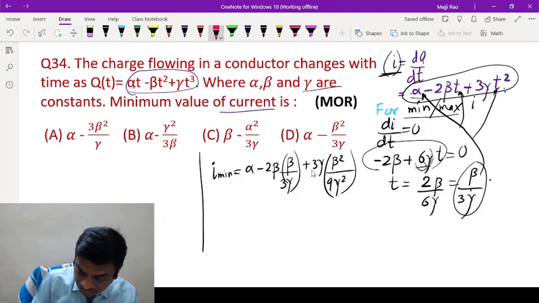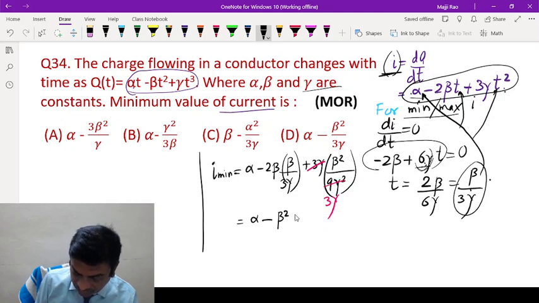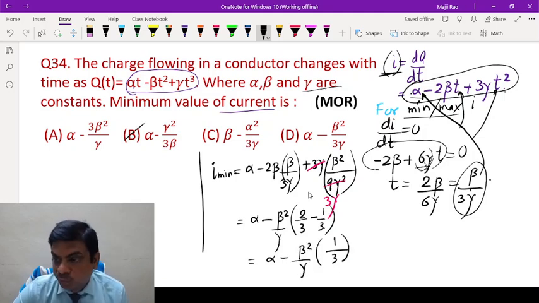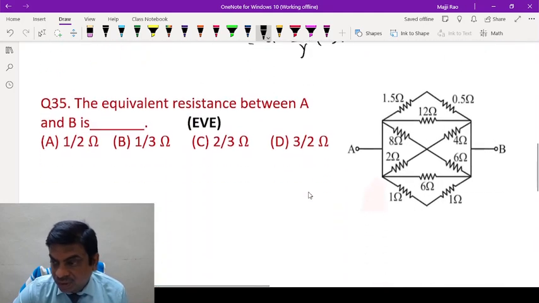So the 3 gamma gets cancelled here, and we are left with alpha minus beta square by gamma common, 2 by 3 minus 1 by 3. So this will be alpha minus beta square by gamma. Okay. Moving on to the next question.